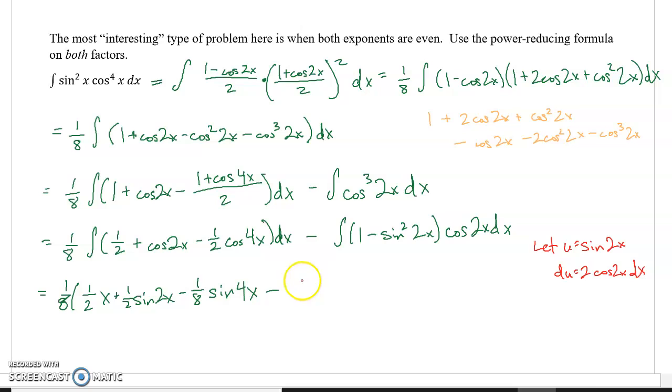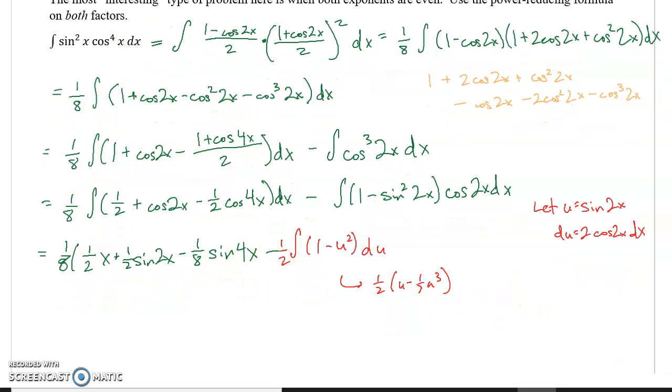So that means we've got the integral of 1 minus u squared, cosine 2x dx equals 1/2 du, so I'll pull the 1/2 out front. So I'll just finish this so I don't have to rewrite everything. This is going to be 1/2 times u minus 1/3 u cubed. And I can do that last bit of substitution when I write the final answer.